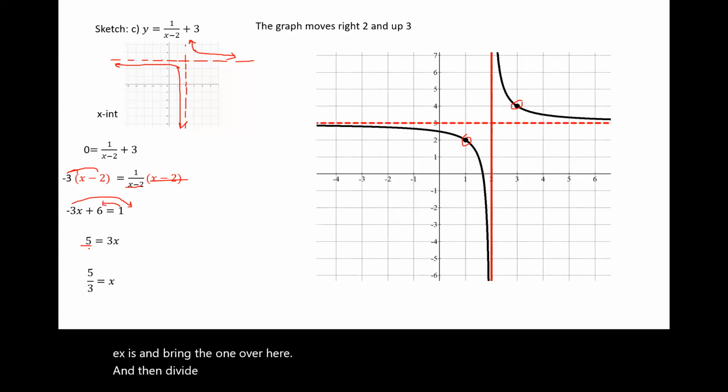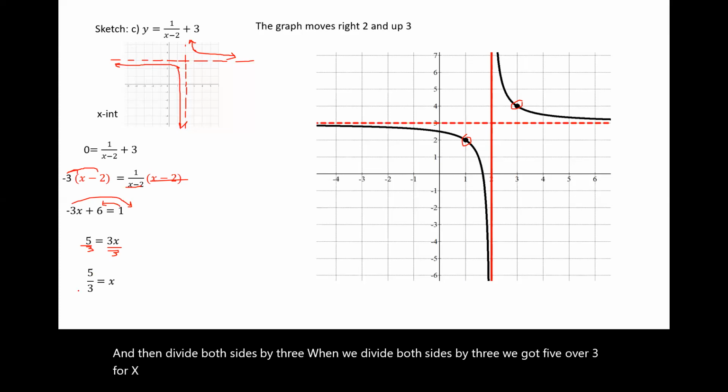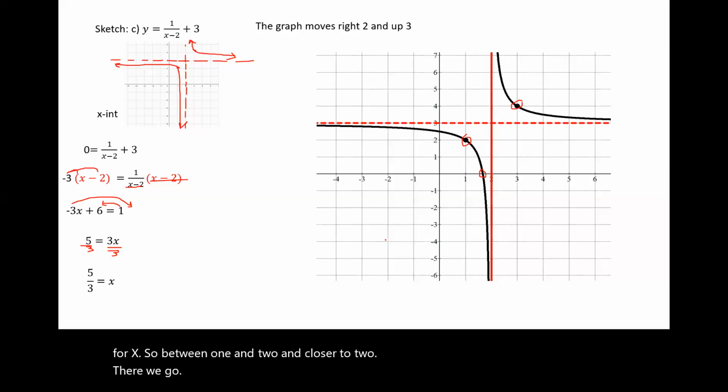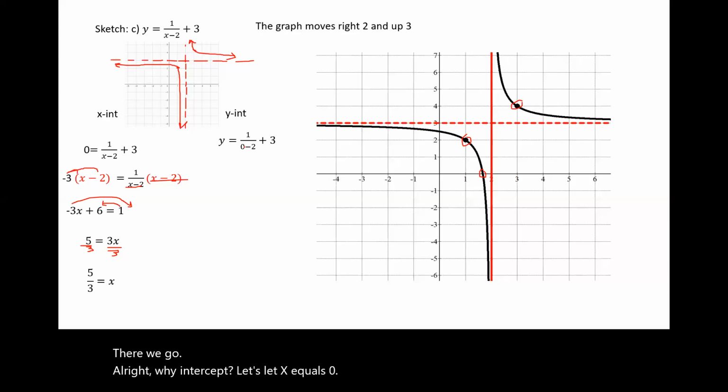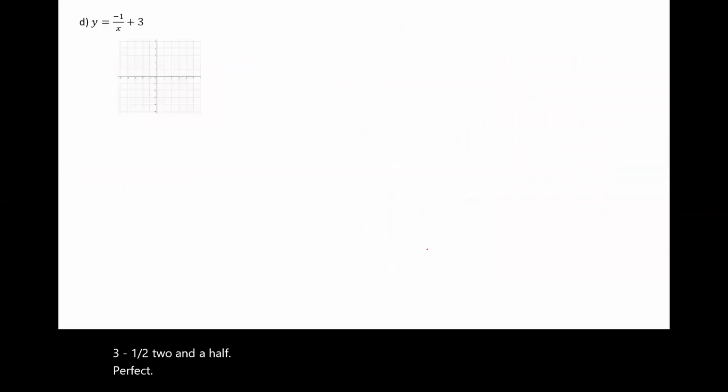When we divide both sides by 3, we get 5/3 for x. So between 1 and 2 and closer to 2. There we go. All right, y-intercept, let's let x equal 0. 3 minus a half. 2.5? Perfect. All right, let's do some more.